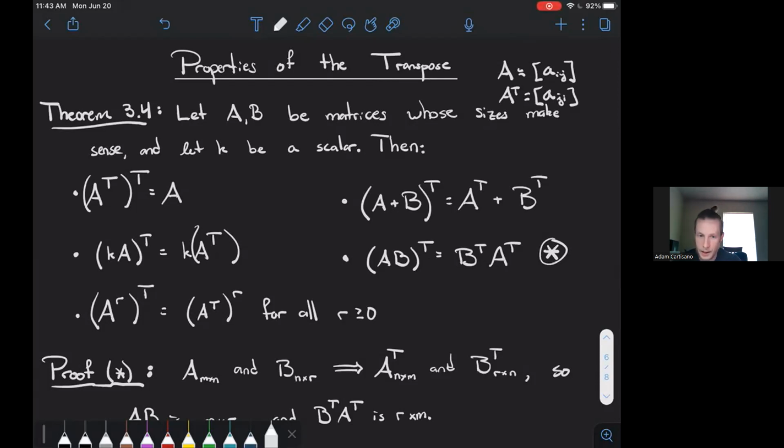One property that's really handy is that if you take a square matrix and raise it to some power, any power r greater than or equal to 0, and then take the transpose, you could have actually taken the transpose first and then raised that other matrix to the r power. You'll get the same matrix. So this one is a little bit less obvious.